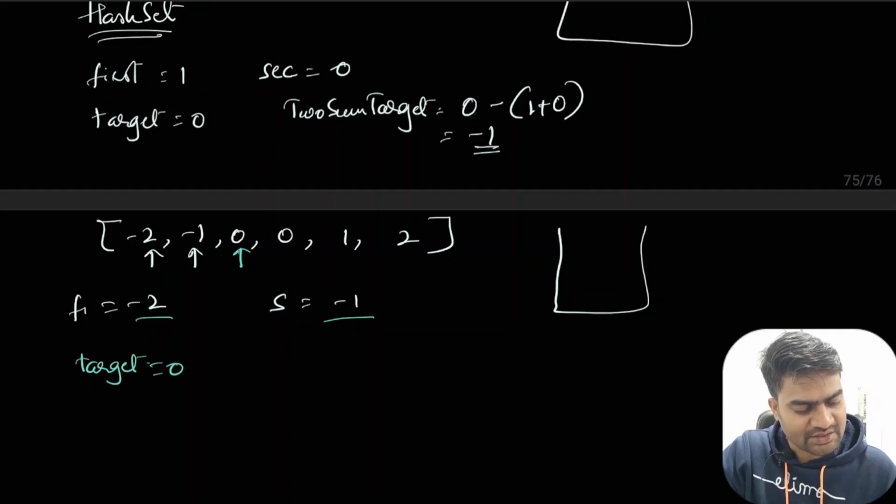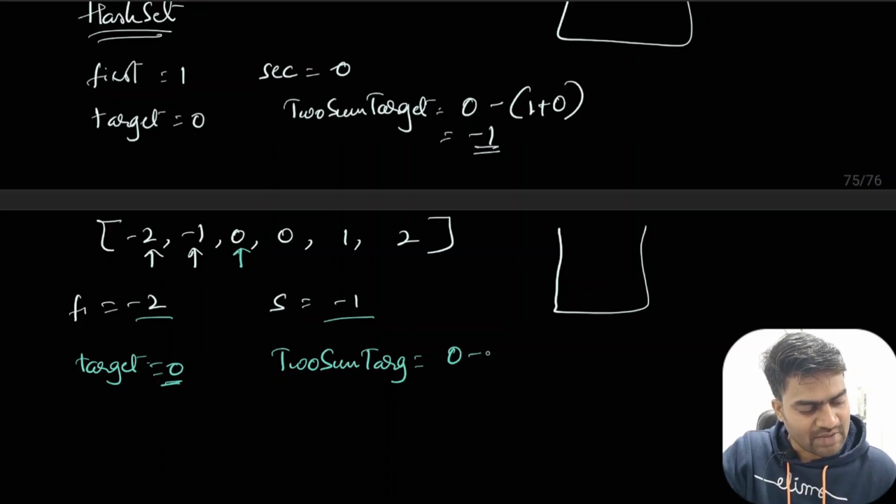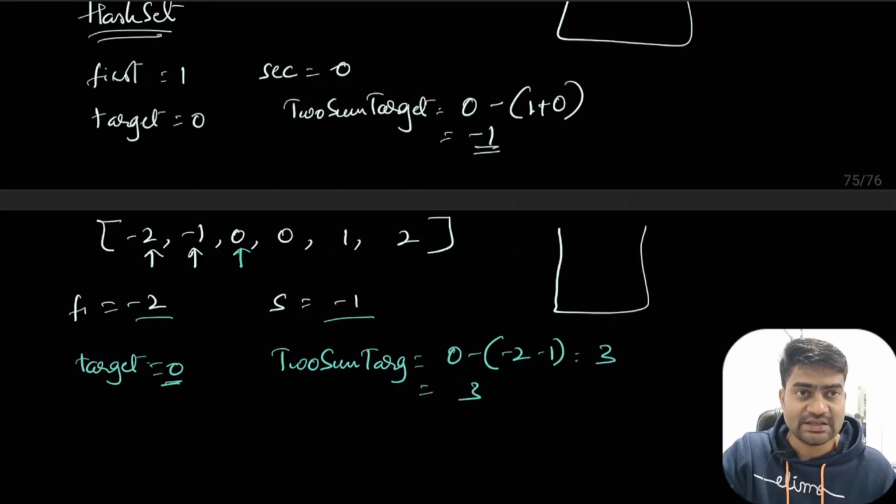Target will be 0. Then our two-sum target will be 0 minus minus 2 plus minus 1, which is 3. So if we get a combination of two numbers which gives the sum 3, then we found quadruplets.